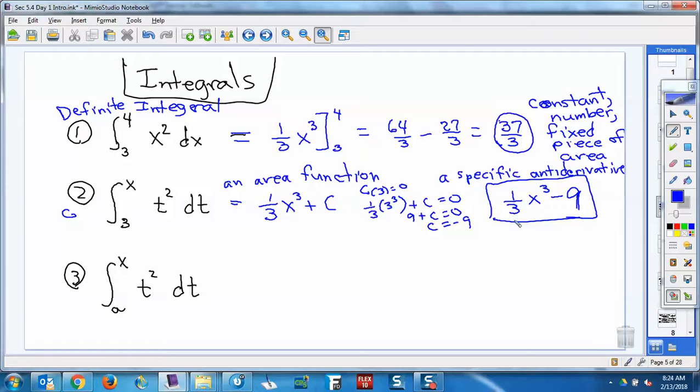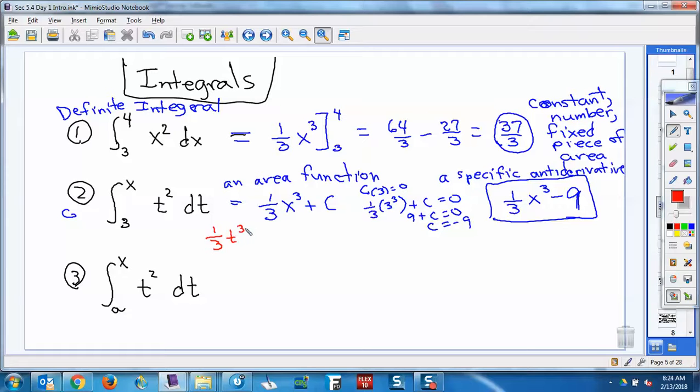Now, because we did learn fundamental theorem part 2, we don't do this very often, but you can do this. Instead of thinking of it as a free initial condition, you can actually apply fundamental theorem part 2 here. Let me do it in the red. You can actually do this right bracket with this. You could say, oh, you know what? The antiderivative of that is 1/3 t cubed.